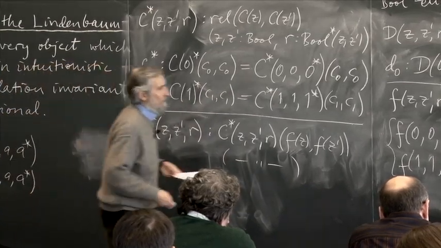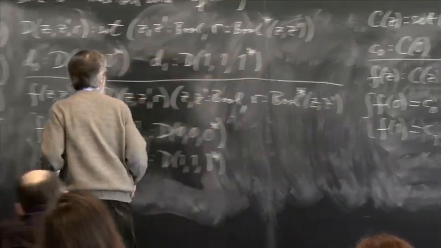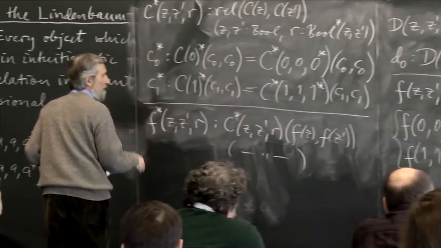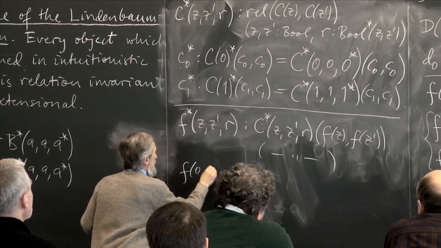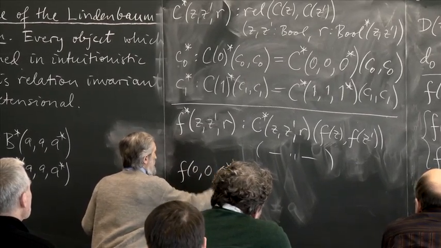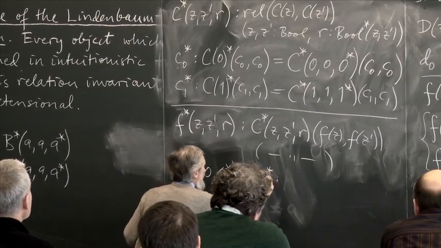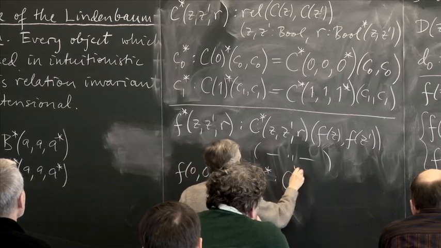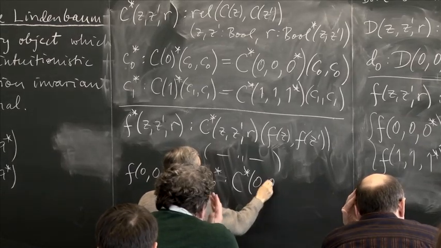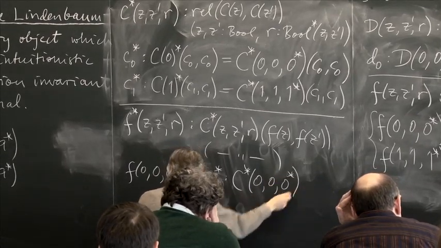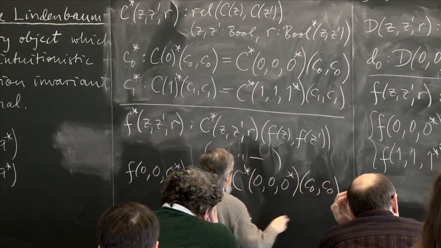And finally, we should satisfy these two equations in the model. And when you apply the model star to them, you get the equations f of 0, 0, 0 star equal to C0 star, which is in C star of 0, 0, 0 star of C0 and C0.